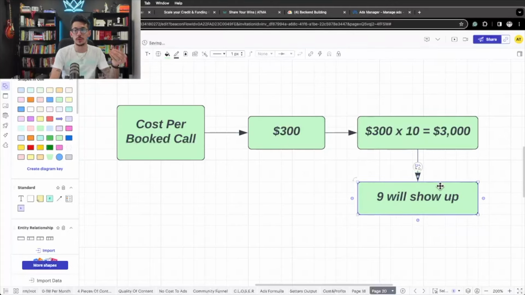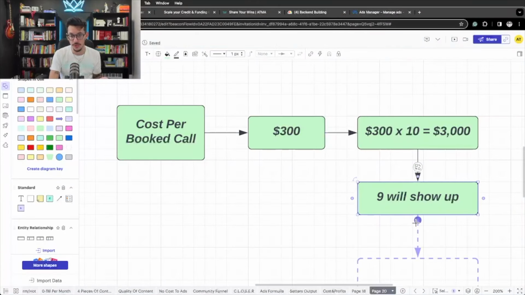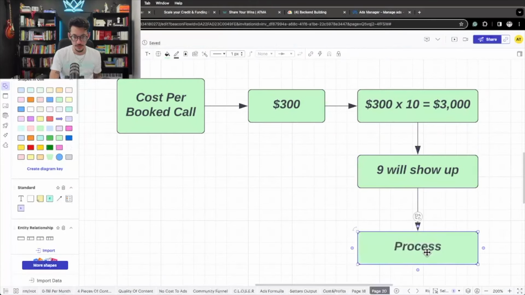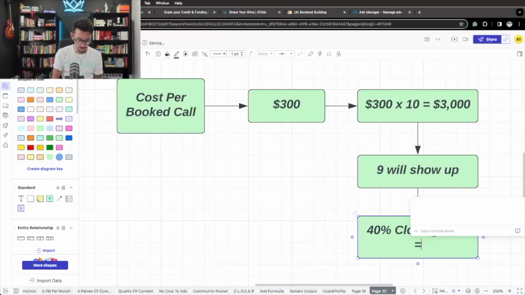Here's why it's important you gotta know your closing rate. Out of 10 people or out of 9 people or whatever, how much can I close? For me, I was averaging a good 40%. So let's say I'm closing 4 of these people. 40% closing rate, which will equal 4.